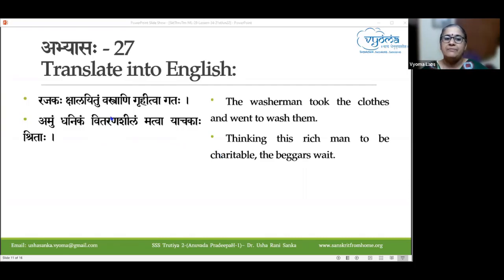So this matva remains a question whether to use it, but I don't really like to use the present sense, thinking this rich man is giving. They went or they approached. There we are using past tense. Maybe this is okay. So it is both ways.